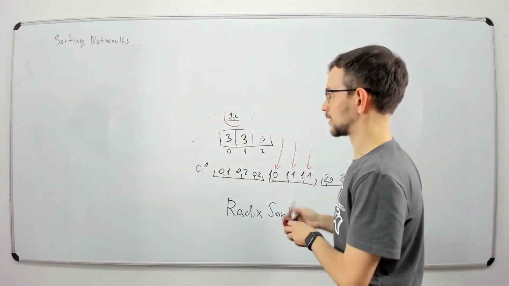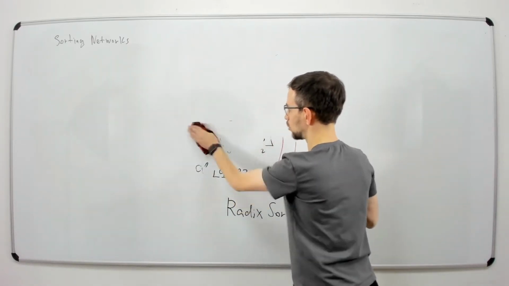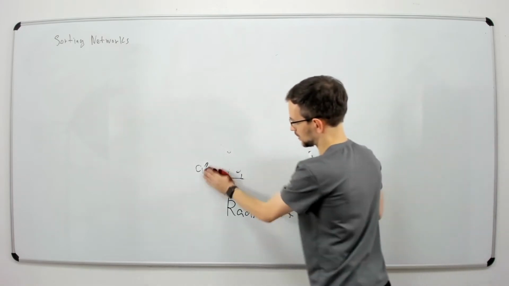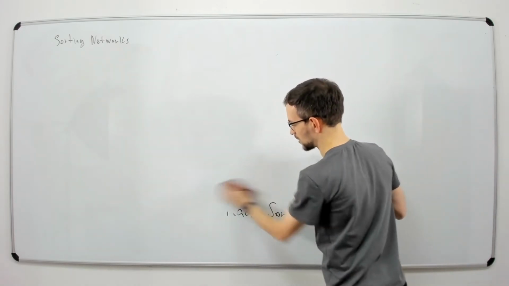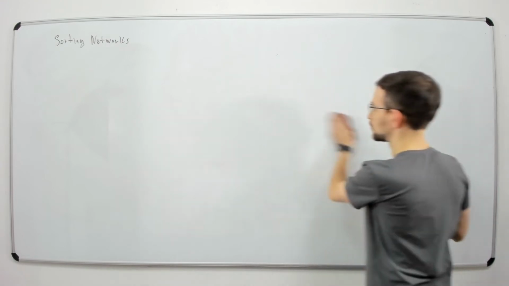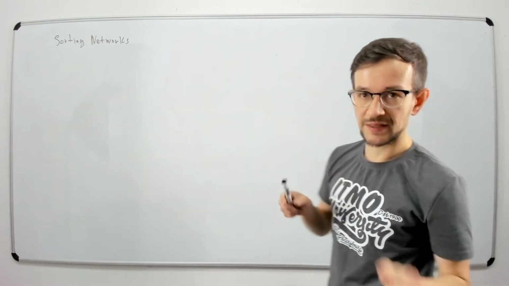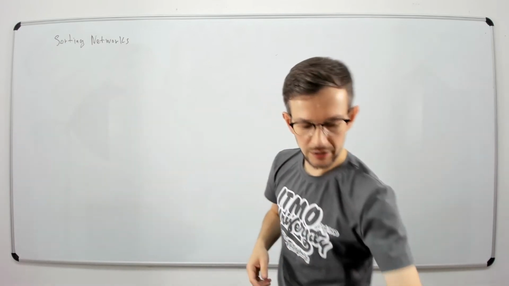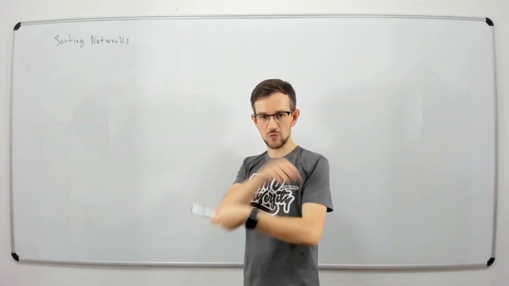So what is a sorting network? Imagine you want to sort an array, but you have a slightly different computational model. The only operation you can do with the array is to compare two elements and swap them.